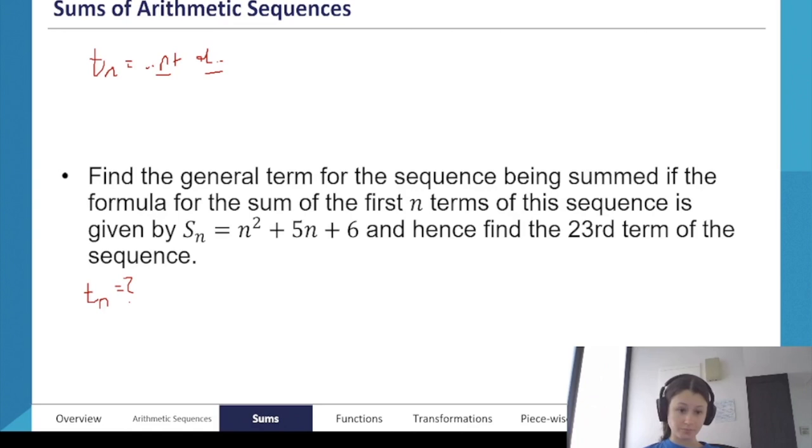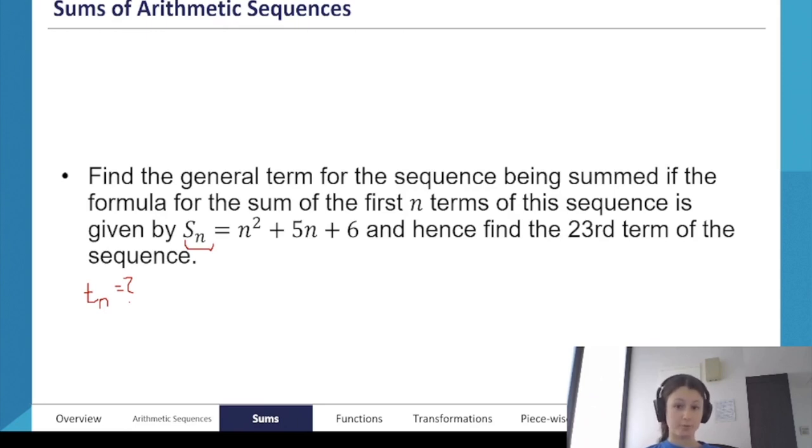So what we want is an equation with Tn in it that we can somehow get from this sum of n. This is typically a general approach that you take for a hard question. What I find really helps me, when you read a question and don't really know where to go with it, is to think about what do I actually want?